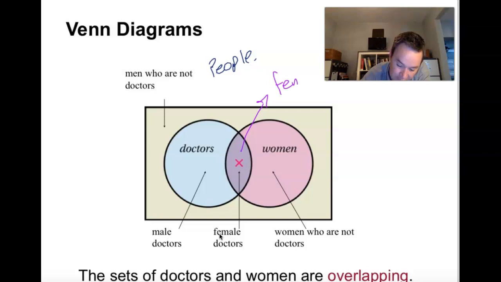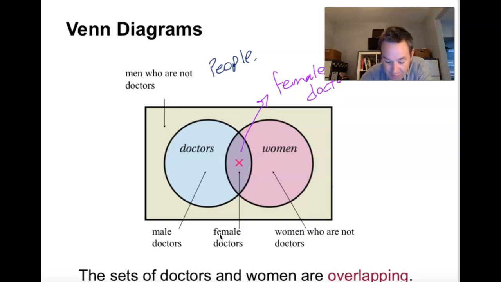female doctors. Now, this is just a diagram, so don't get hung up on how much or how little they overlap. That doesn't matter, and that's not supposed to be indicative of the actual amount of overlap in the two sets. If they overlap at all, all that's indicating is that the two sets do share some common individuals.